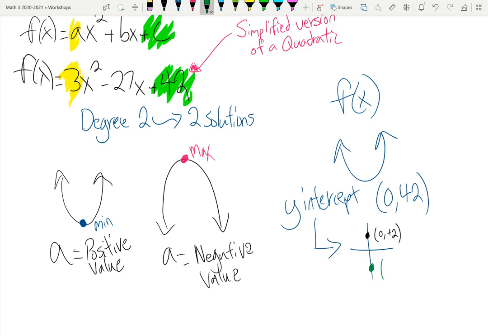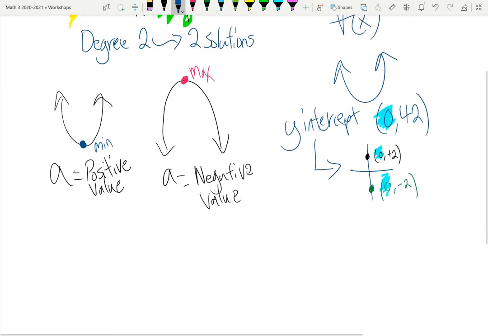And this coordinate would be something along the lines of 0, negative 2. Notice what's similar in both of these cases. The x value of both of these coordinates is 0. Hence, notice how the x is fixed at 0. This is just part of the definition.